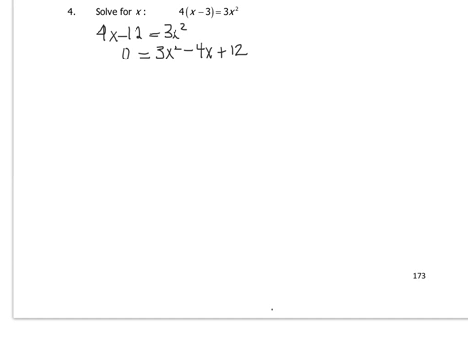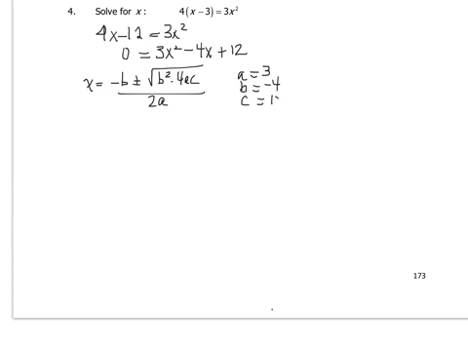And then we can go right to our quadratic formula, which is negative b plus or minus square root of b squared minus 4ac all over 2a. Because we have the equation set equal to 0, we know now that our a is 3, our b is negative 4, and our c is positive 12.